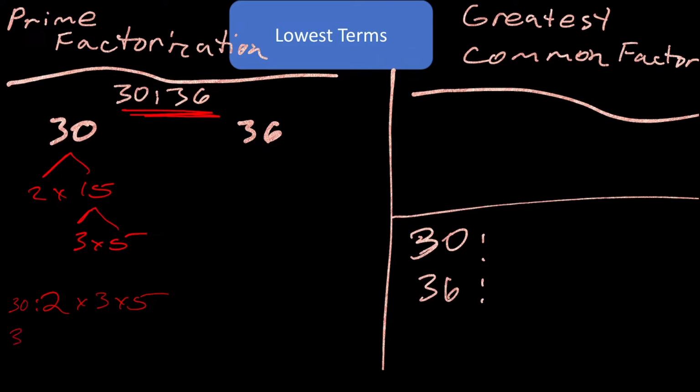And for 36, it would be 6 times 6, and because this is a square number, this would be 2 times 3 and 2 times 3. So this would be 2 times 2 times 3 times 3.